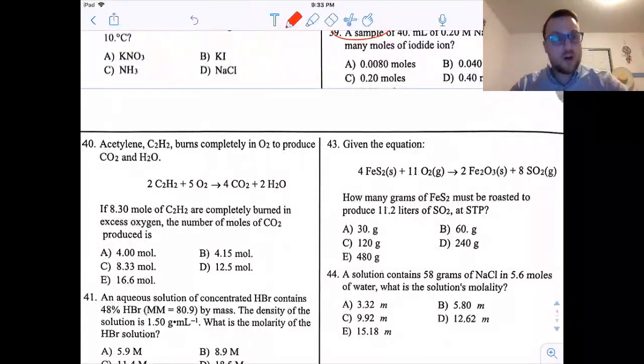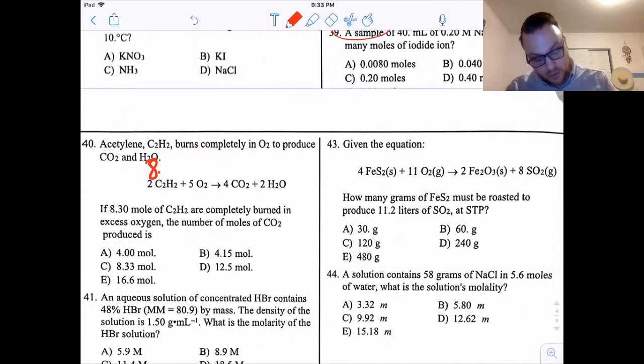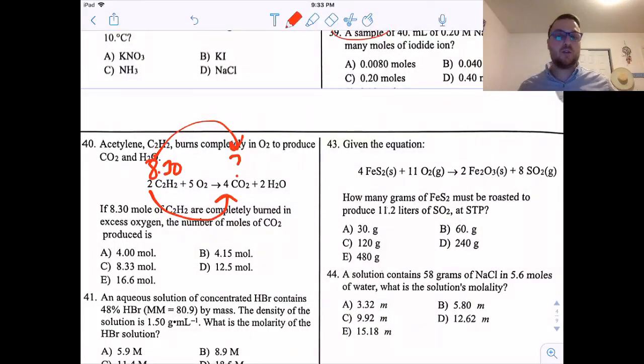All right, so this is 8.3 moles. I want to know how much CO2 I'm going to make from that. How can you do this a quick way? CO2 and C2H2 are in a 2-to-1 ratio. For every 1 C2H2, there's 2 CO2s.